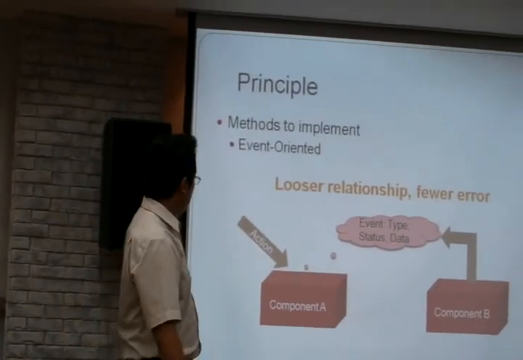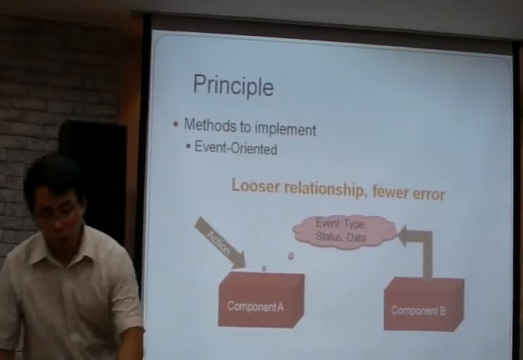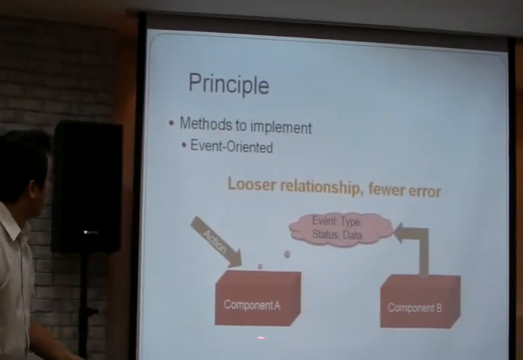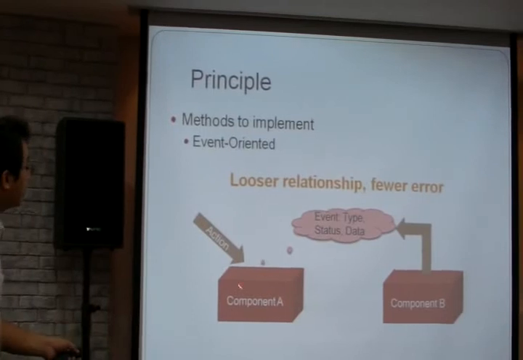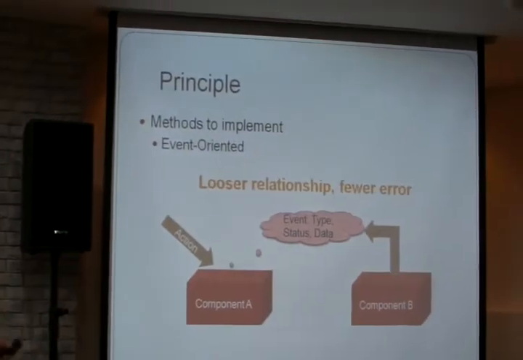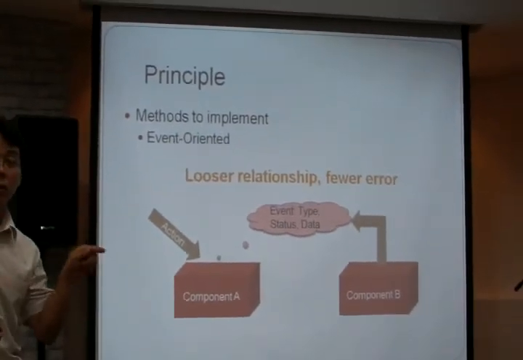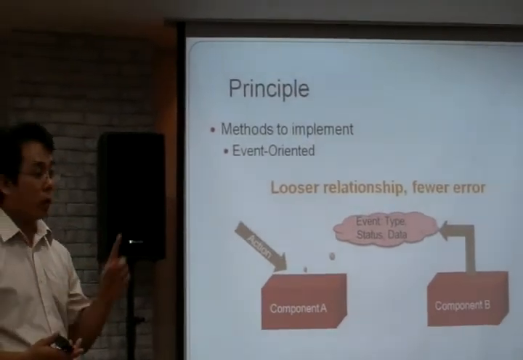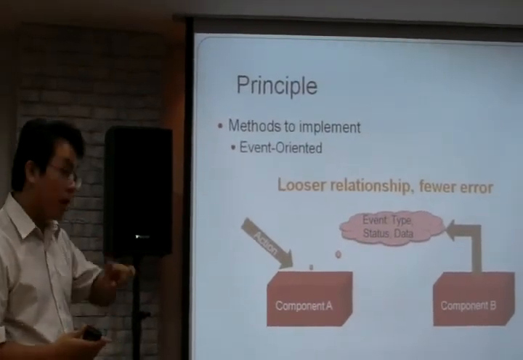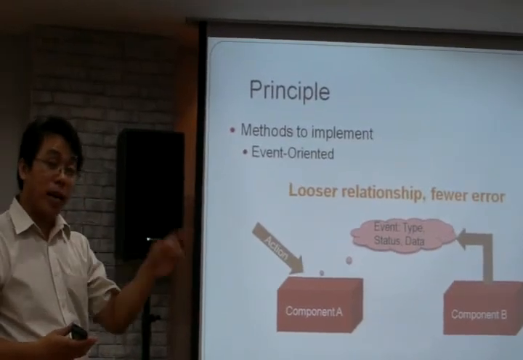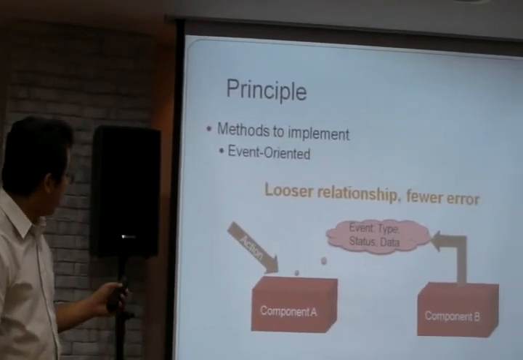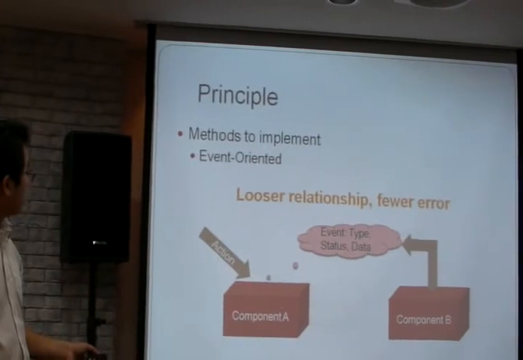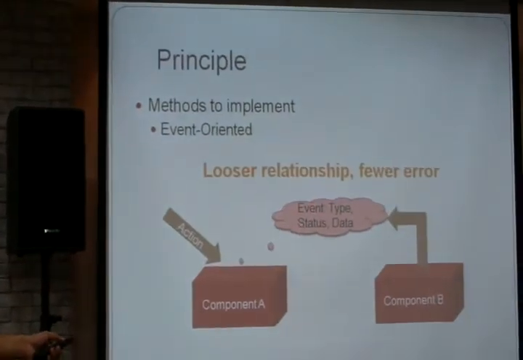When people take an action on a component, some event happens. For example, I click a button, and the button will dispatch an event, mouse click. Or for example, mouse over, mouse down or something. So when you have an action, this component will dispatch an event.